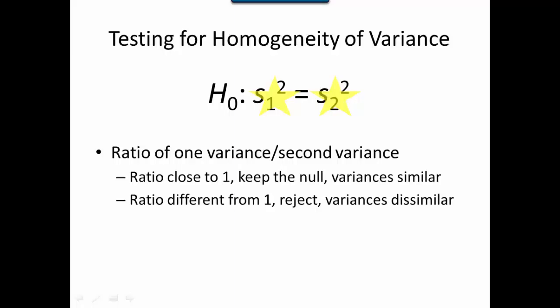However, if the ratio is very different from 1 and that F statistic that is talked about in your textbook gets high or really small, that means the variances are not the same and we have to run the test differently.